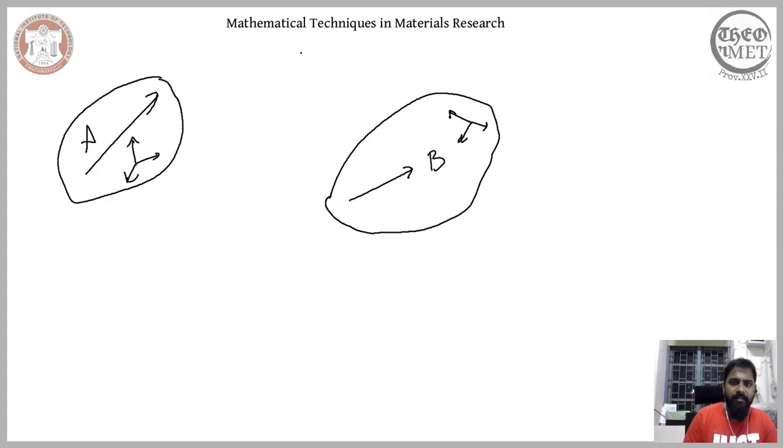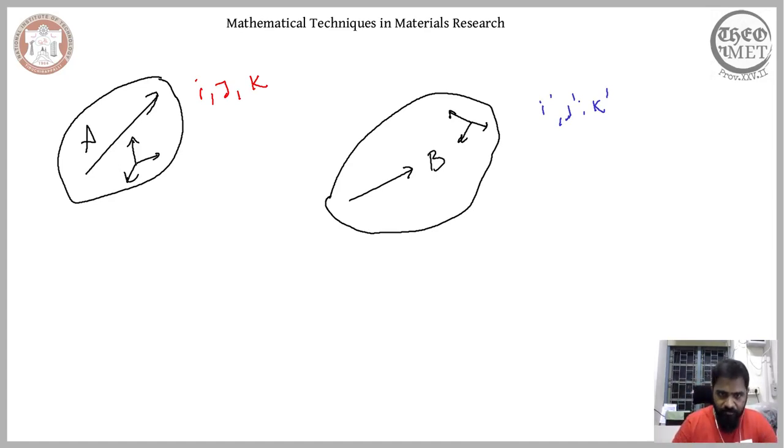In the space that pertains to vector A, let's assume the orthogonal unit vectors to be I, J and K. In the space of vector B, let us assume them to be I prime, J prime and K prime. So two vectors, two different spaces, defined by their orthogonal sets of bases. In A space we have I, J and K. In B space we have I prime, J prime and K prime.